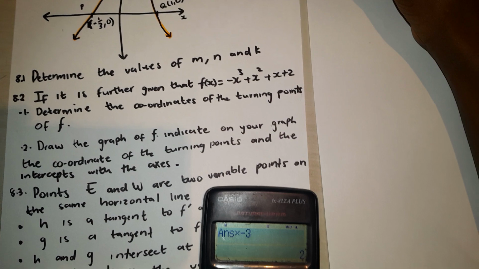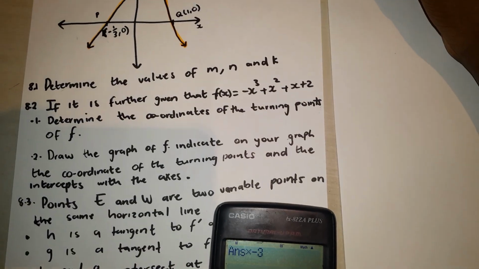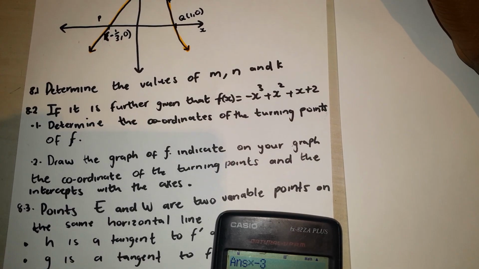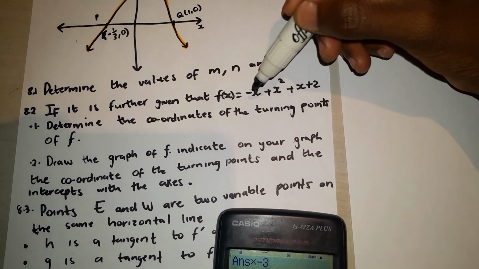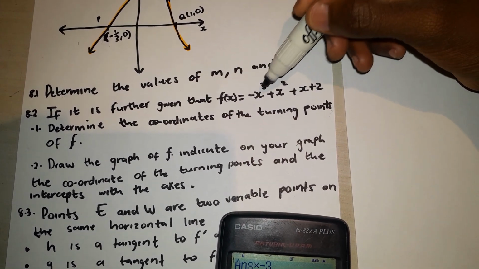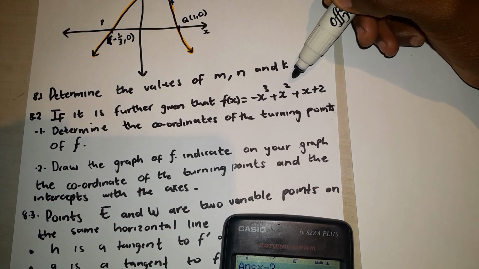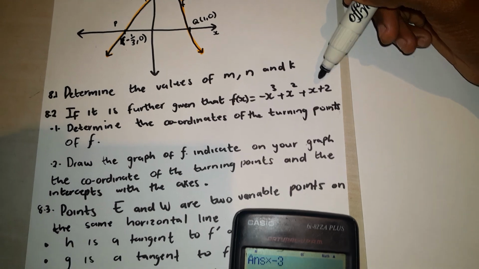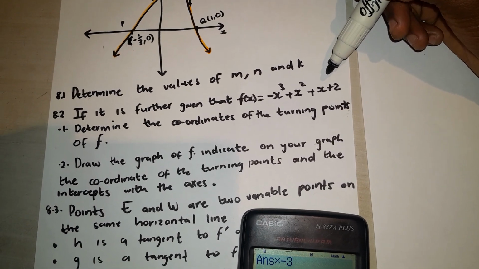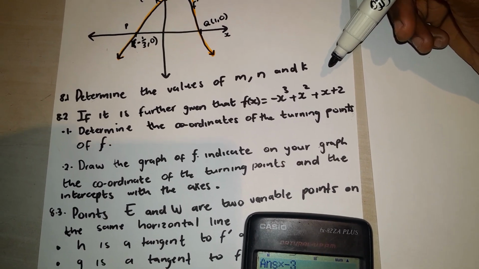So now question 2 says, if it is further given that f of x, it's another graph, minus 3x to the power 3 plus x squared plus x plus 2, it's a calculus, determine the coordinates of the turning point.